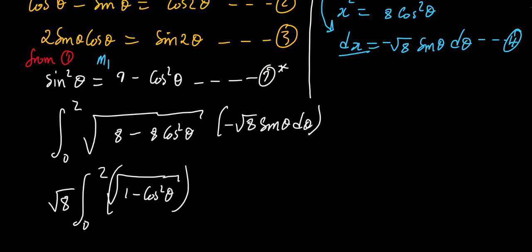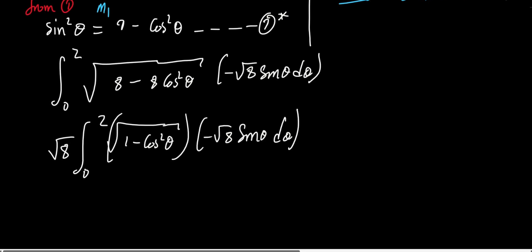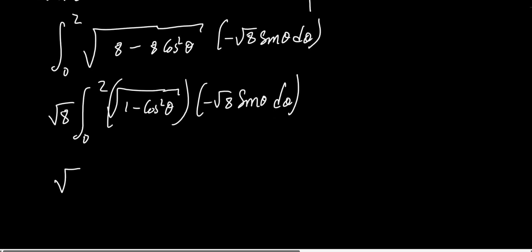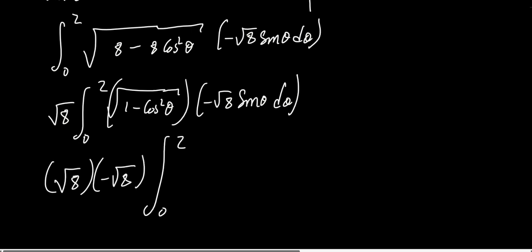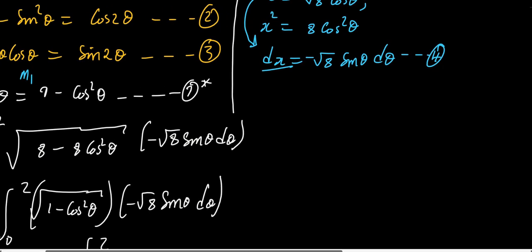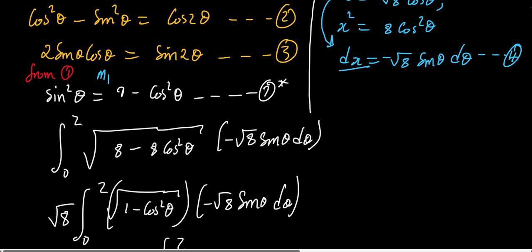Now we notice out here we have the square root of 8 sine theta d theta. Now we can further simplify this as the square root of 8. We notice here that there is also the square root here, so if we bring it outside, we're going to have the integral from 0 to 2 of 1 minus cos squared theta, which from above is sine squared theta, right?